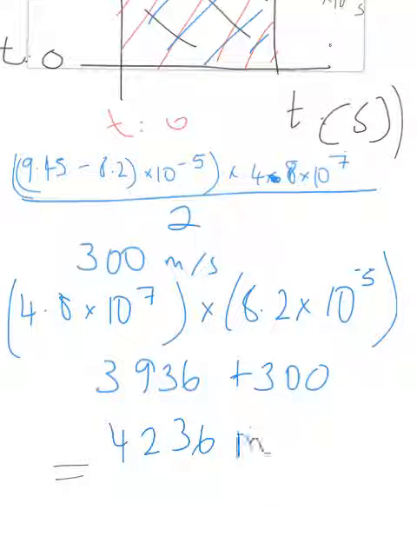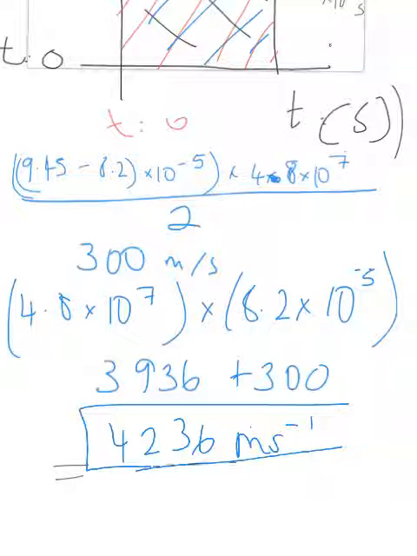4,236 meters per second. But of course, that's not the starting speed. The initial speed of the spaceship was 1.2 times 10 to the 3. So we now need to add that to this because this is in addition to that. So let's add 1.2 times 10 to the 3.